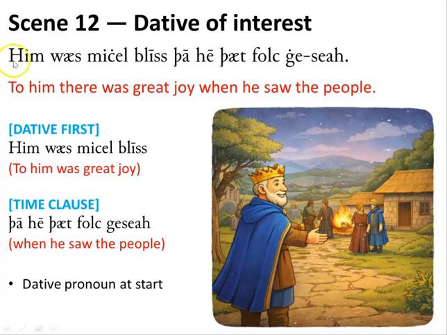Now, when you see him in the dative there, when you translate a dative, the way to do it is to put a preposition in front. To is a preposition, okay? You put an appropriate preposition in front, okay? And generally, when you translate, it's often the word to, okay? Or for, or something like that. So to him is how you translate that.